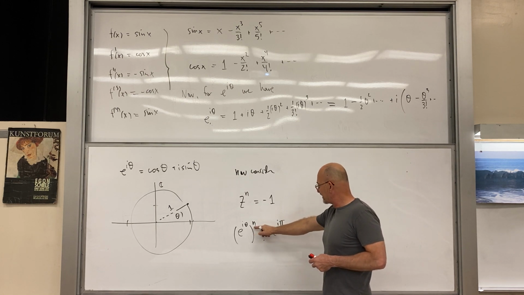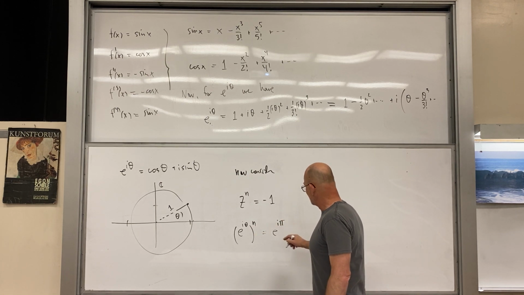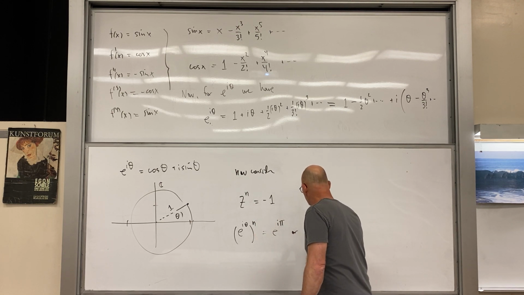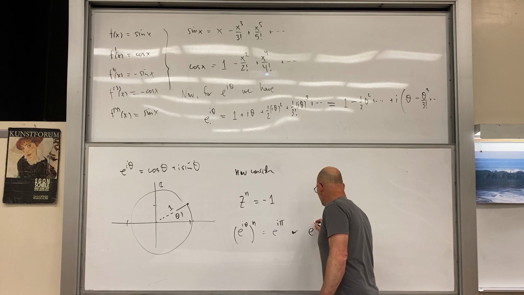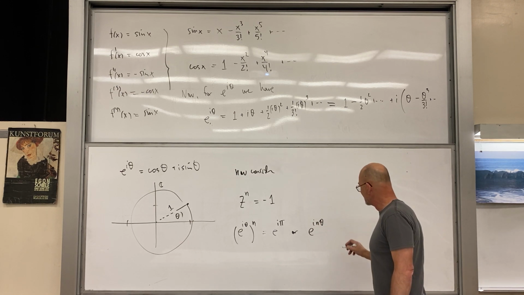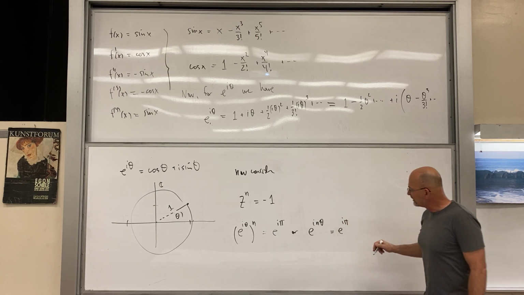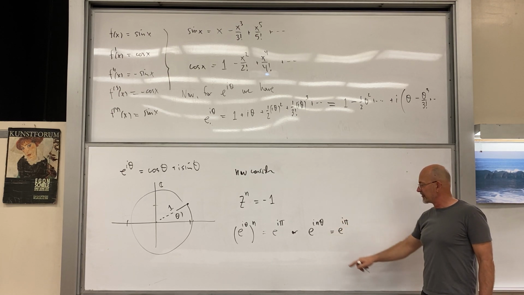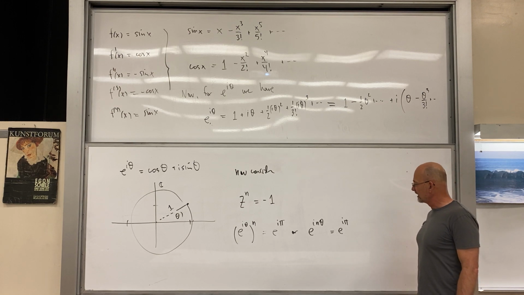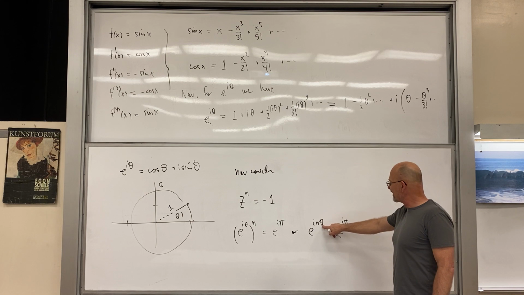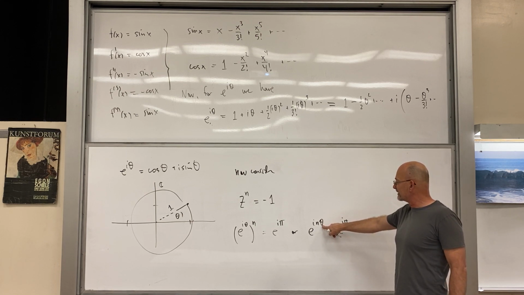e to the i theta to the nth power, or e to the i times n theta, is equal to e to the i pi. Now the question is, for what values of theta does this happen?